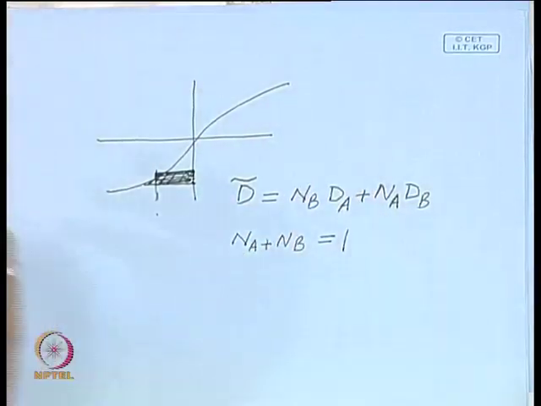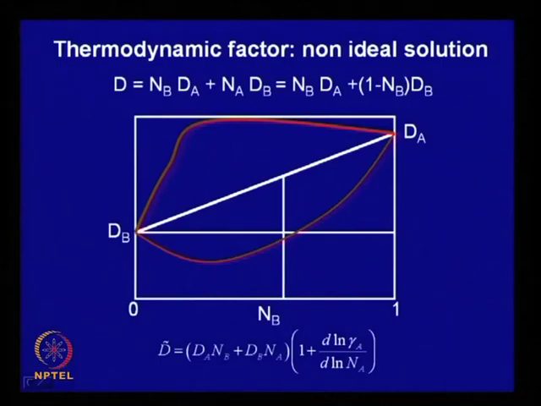So, if you substitute this, what type of variation do you expect? Say the intrinsic diffusivity dA is over here, and this is the other one. If you follow this, then the interdiffusion coefficient should be given by this line, which is very evident from this expression. So, this is the interdiffusion coefficient for this Nb. So, this is d minus dB.